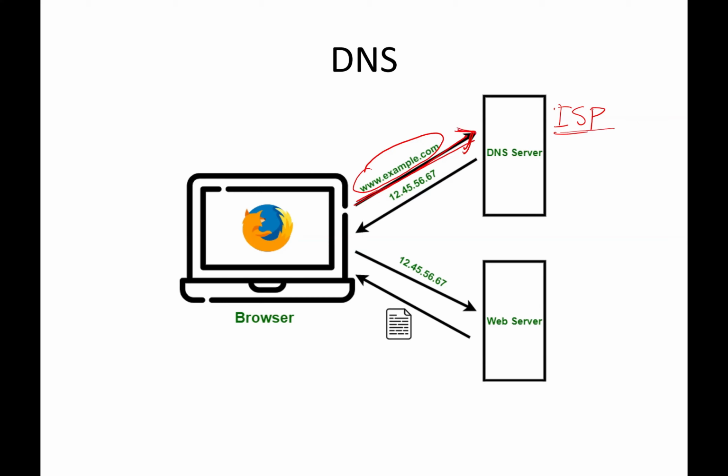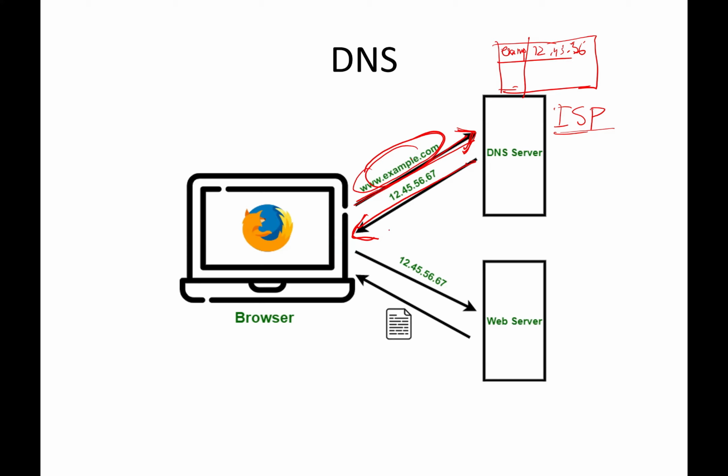This request first goes there, and in the DNS server, it has tables. For example, example.com has this address 12.45, whatever, 56. So it has tables like this, and it sends back the IP address associated with example.com.